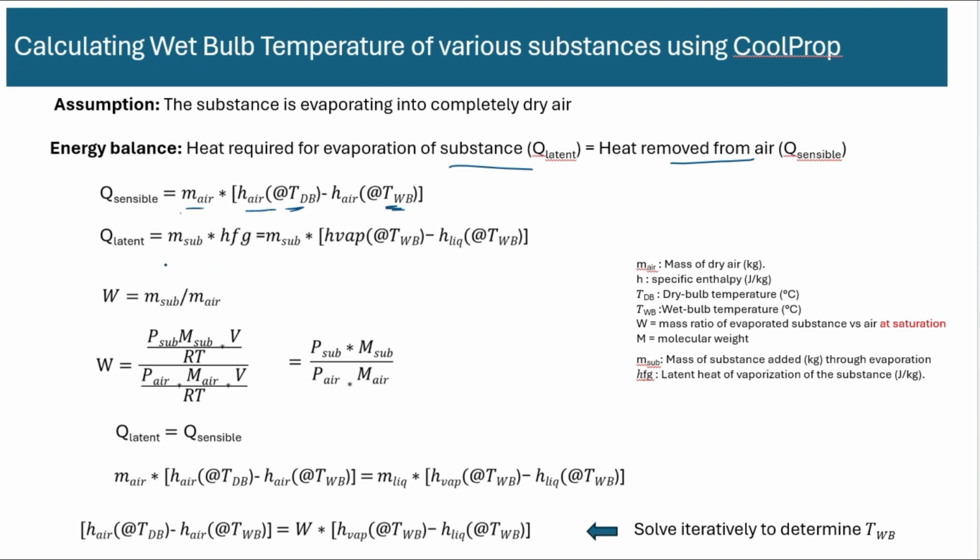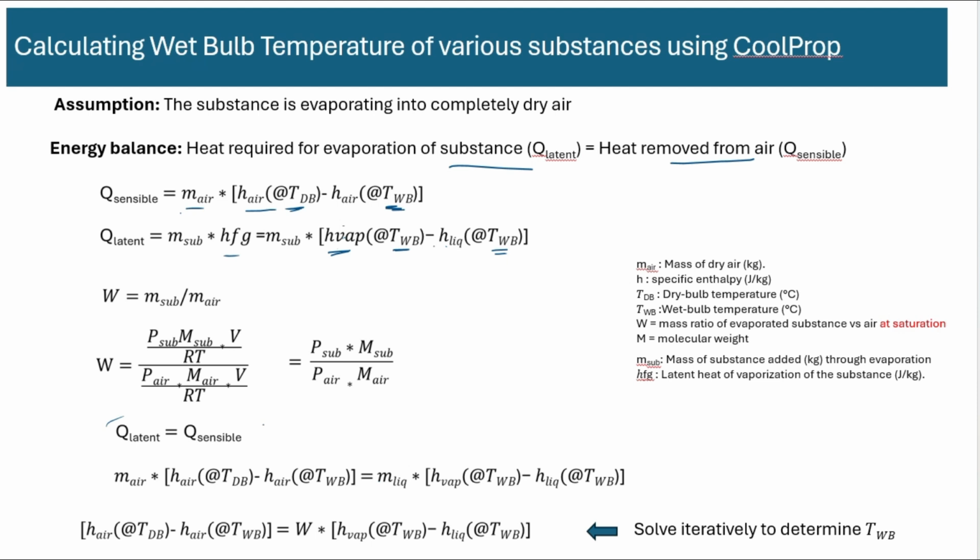And same thing for latent heat. There is a vapor phase at wet bulb temperature and liquid phase at wet bulb temperature. You check the enthalpy of vapor and liquid, find that difference to get the latent heat, and you equate them. Okay, and use this equation to equate the latent heat to the sensible heat, and then you have to solve iteratively to determine the wet bulb temperature.